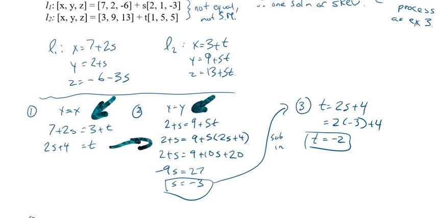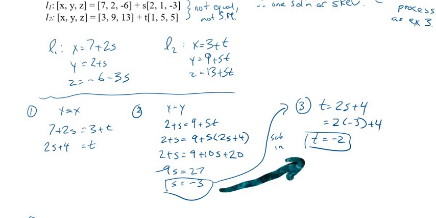And when we do that, we're just using basic elimination substitution. We rearrange it, and we get an s value of -3, which means that for x and for y, s equals -3. If we plug that into line 1, it's going to give us some point that satisfies x and y for both lines. And using our knowledge of elimination substitution, we can also find the t value as well.